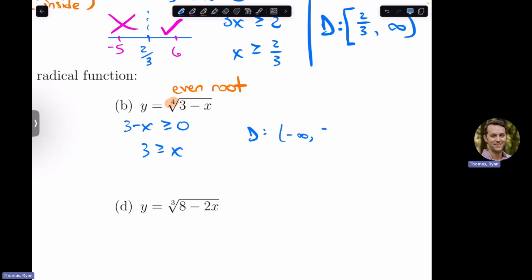Negative infinity to 3. And again, if we want to think about transformation stuff, this negative x is a reflection this way. So instead of going off to the right, it comes in from the left and stops somewhere. So negative infinity to 3. Yep. How do we get that?